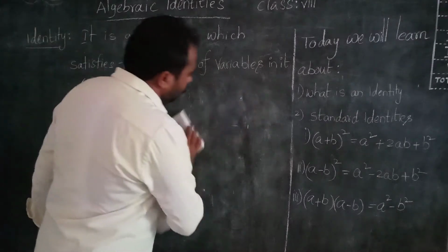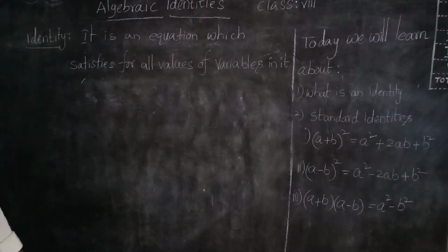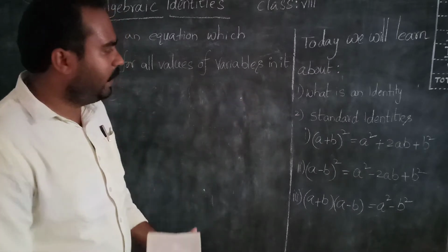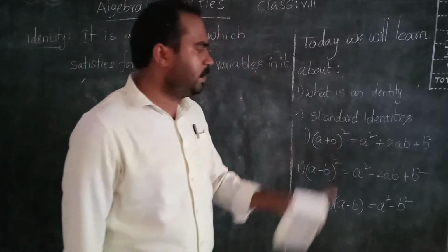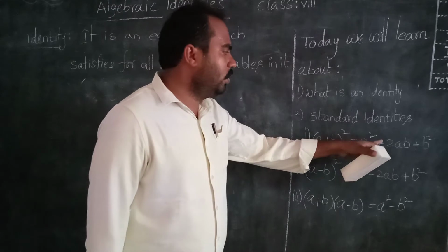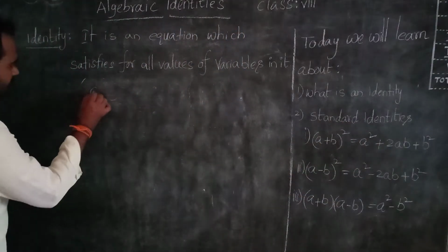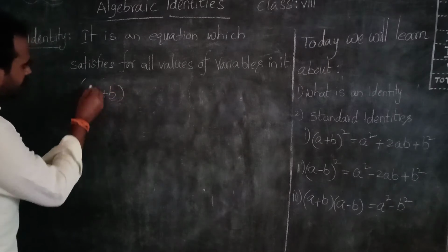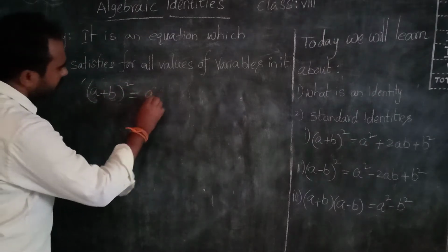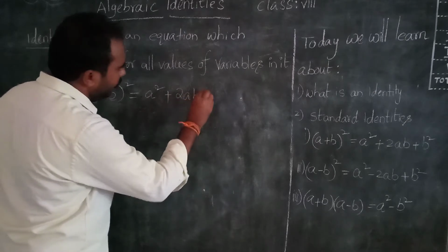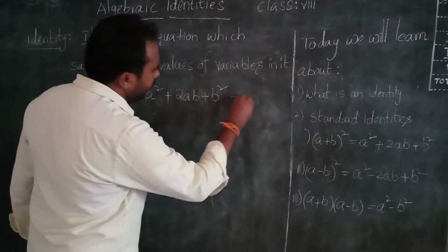So now we are discussing some results based on these two identities. Take this first identity, a plus b whole square is equal to a square plus b square plus 2ab, as equation 1. A plus b whole square is equal to a square plus 2ab plus b square. Take it as 1.